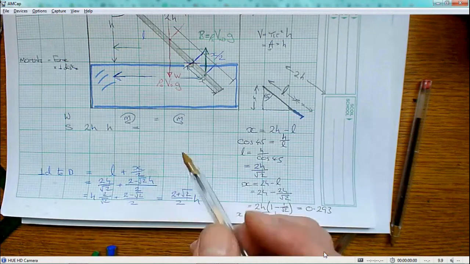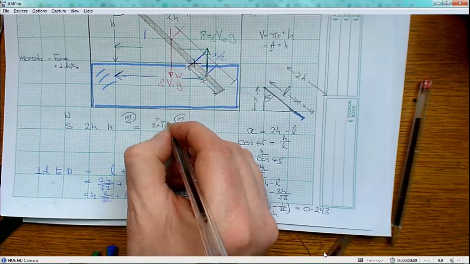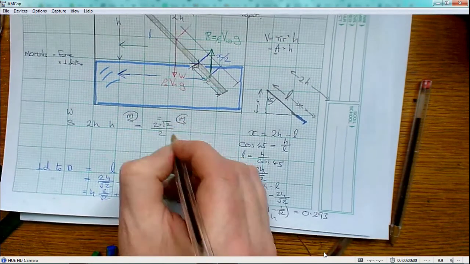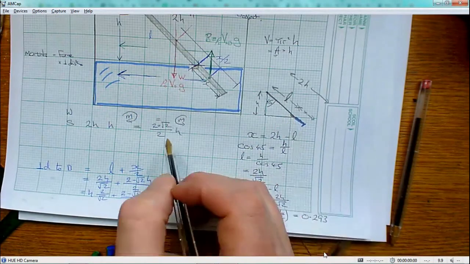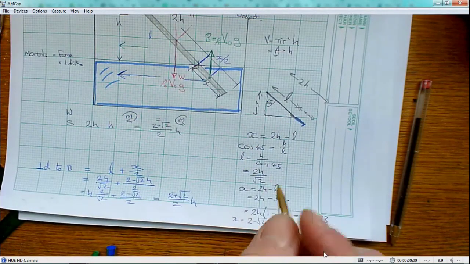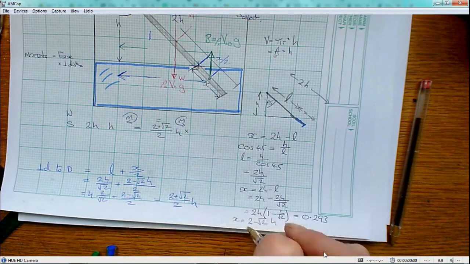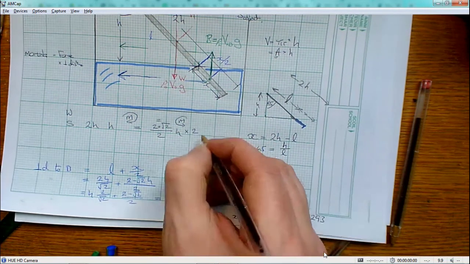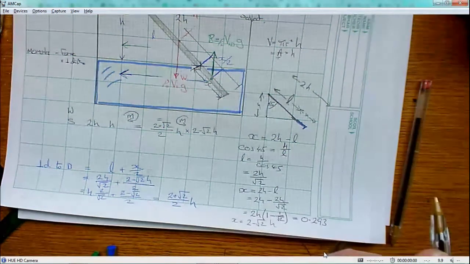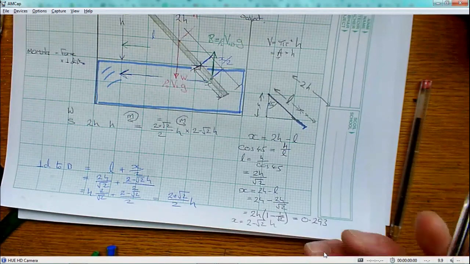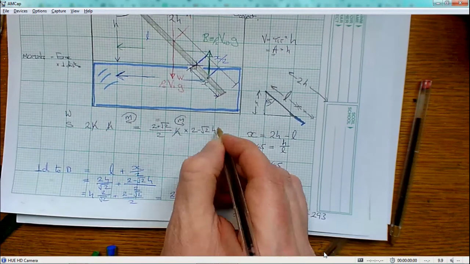So again, if I'm just comparing the length, I'm just going to compare the length here. So it's (2 plus root 2) over 2, times h. And that's the moment, that's the distance. Times the specific gravity times the volume. So the volume of this is actually (2 minus root 2) also by h. And so that's this. You can divide the h's across by the whole lot.